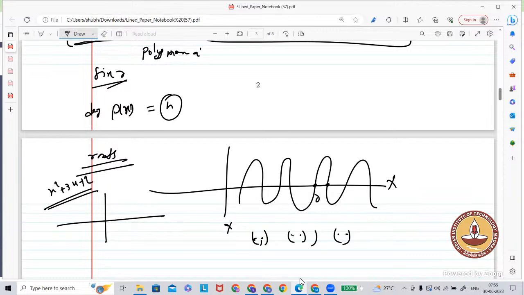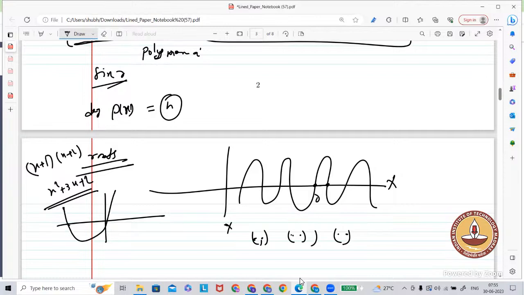And just now I'm saying a root means the function output at that point is 0. So this is one thing to be noted, that there is a relation between the degree and the number of roots. For this polynomial, if you draw the graph, you can factor it as x plus 2 and x plus 1.